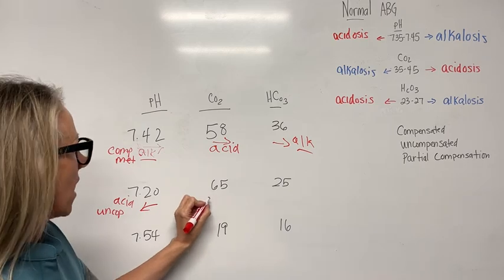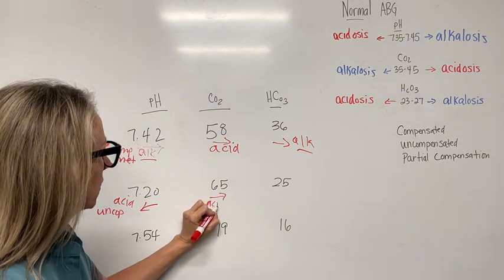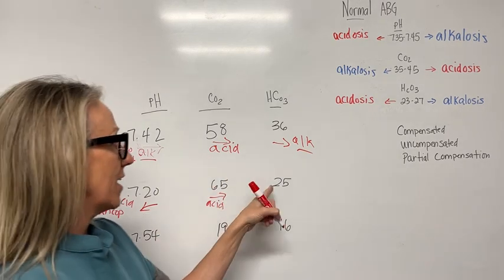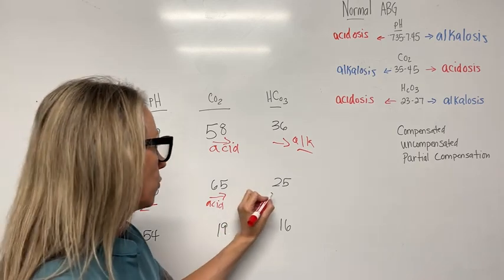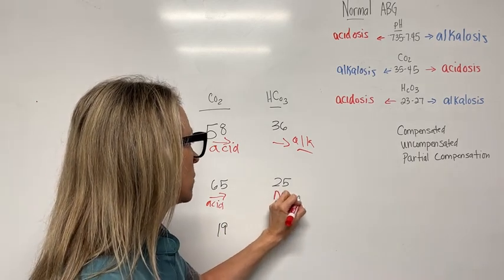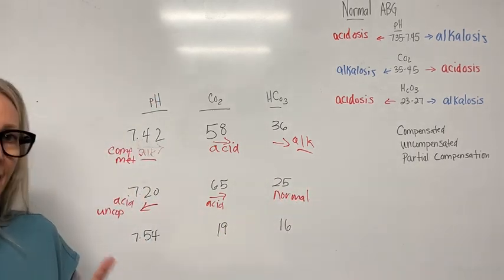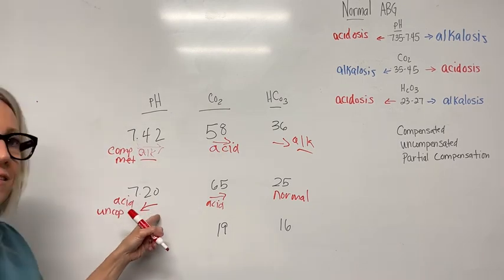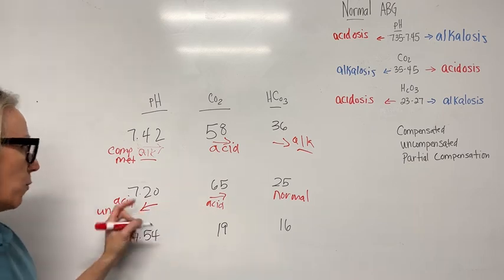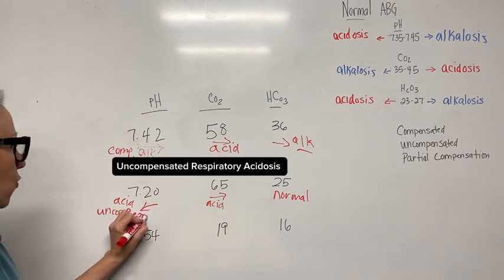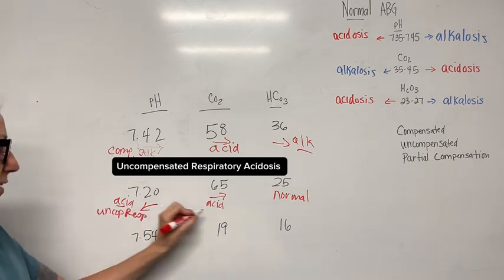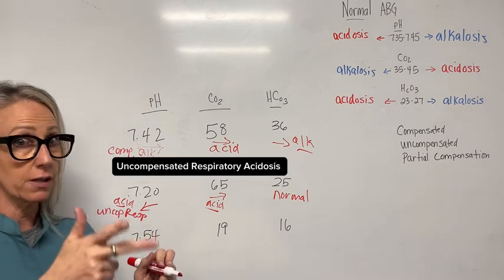Now, 65, we're going this way too. So we're in an acid state this way. And 25, well, we're normal. Nothing's happening here, so we just write normal. So what's happened here is that we have an uncompensated respiratory acidosis, because this matches, so we have a first, middle, and last name.